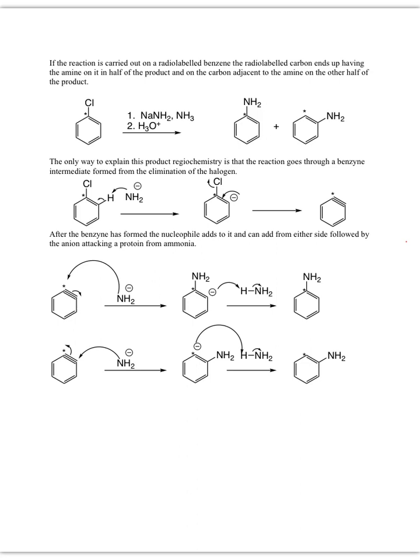So the only way we can think about this happening is have the NH2 minus come in, form the negative charge on the ring. The ring negative charge could form a triple bond, kicking out the chloride, so you get the triple bond within the ring, and then the NH2 minus could add to either carbon to give us both of the substituted anilines.